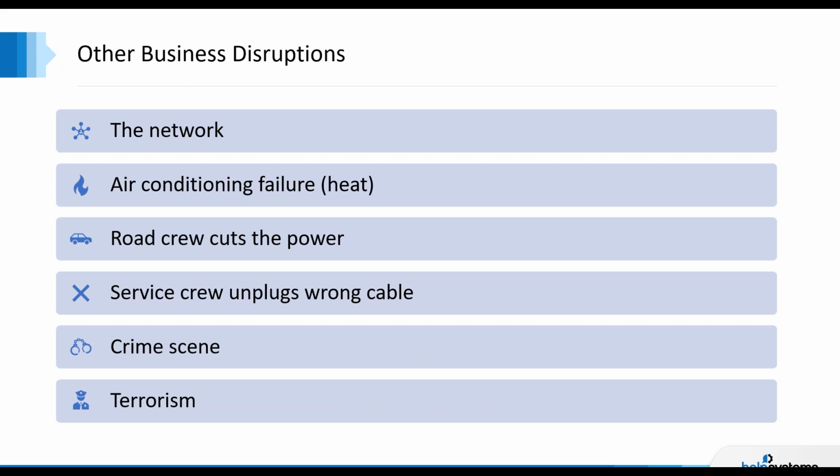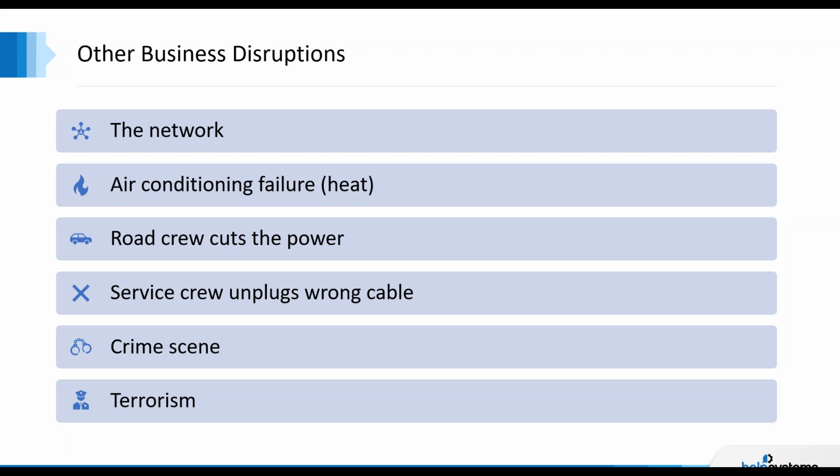Over to you, Ash, to talk about some other business disruptions. Yeah, I'm not actually going to talk about all of these individually, but I've worked in IT for just over 30 years now, and I've encountered every one of these, apart from, luckily, terrorism. And I don't consider myself an unlucky person.